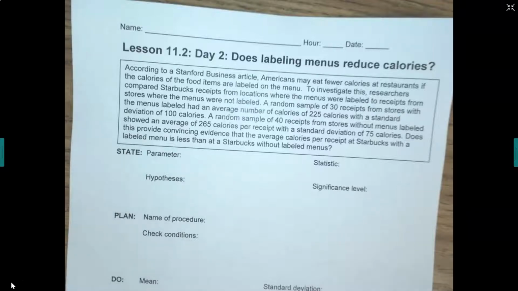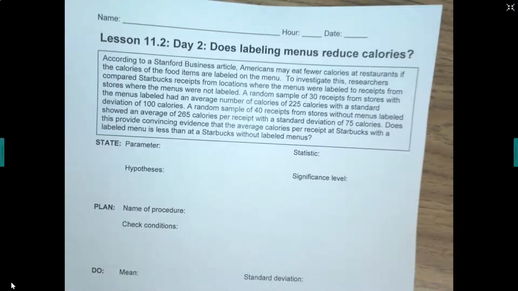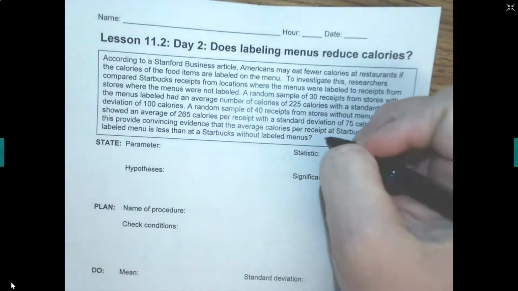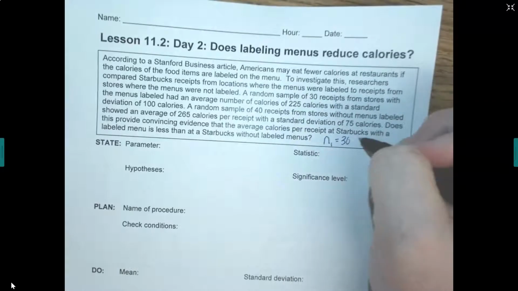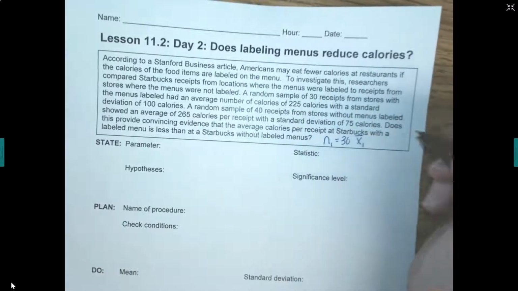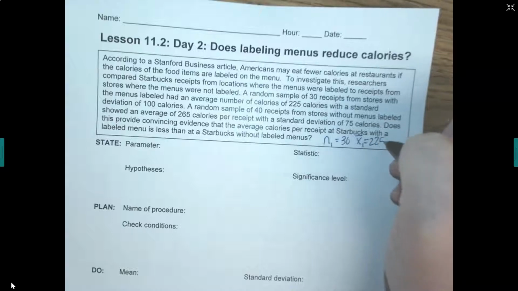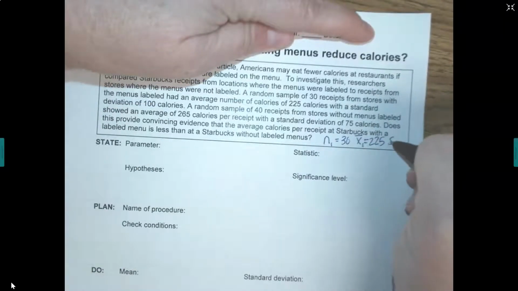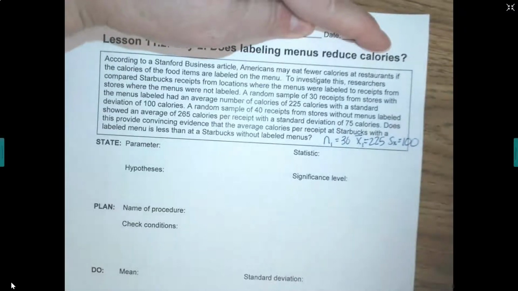So we have a lot of information going on here. So when I have a whole paragraph like this, I like to start pulling some stuff out. So I have two different samples. I have one sample that has a sample size of 30. It had a mean of 225 and a standard deviation of 100.